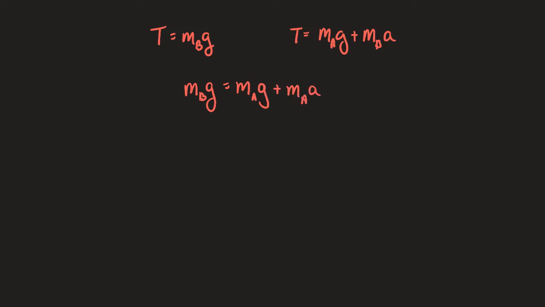I have first the tension equals the mass of person B times G, and tension equals the mass of person A times G plus the mass of person A times A. I think we set these two things equal to each other and get the weight of person B equals the weight of person A plus their contribution based on their acceleration. I think I can stop here. You want the mass of person A. You know the mass of person B, you know G, and you know the acceleration. I think you guys can do the rest of this problem. You're just solving for MA.